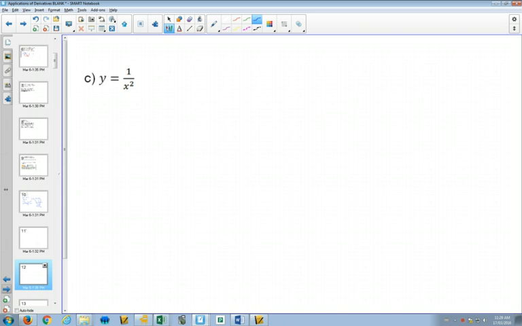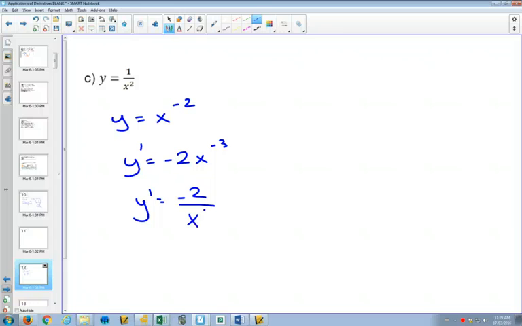Again, what we're going to do is we're going to take the derivative of this. First of all, I'm going to write this as x to the power of -2. Solving that for the derivative, the -2 would come out in front, subtract 1 from the exponent, and just so we're dealing with things with positive exponents, I'm going to rewrite that as -2/x³.